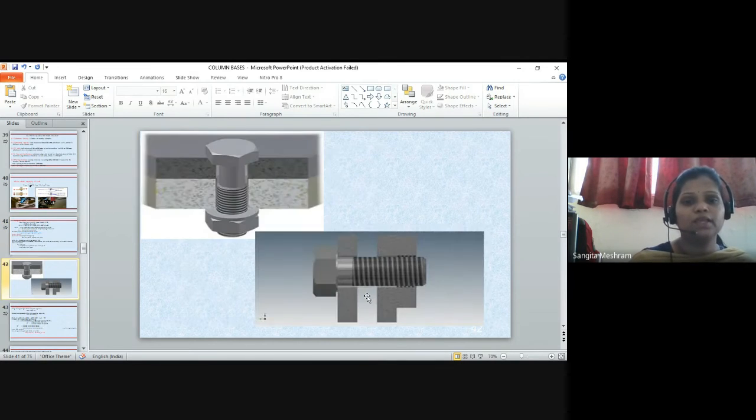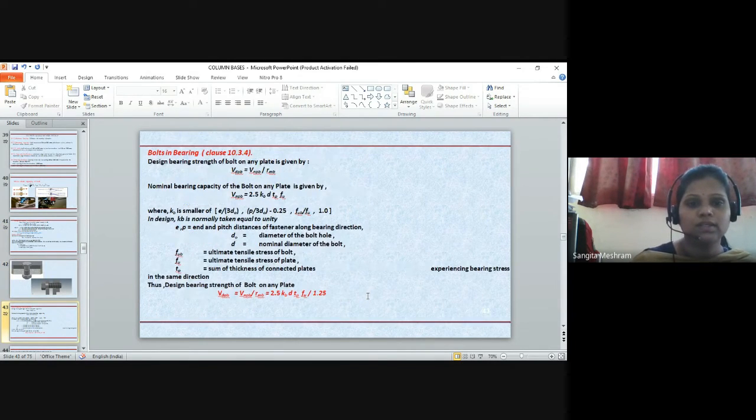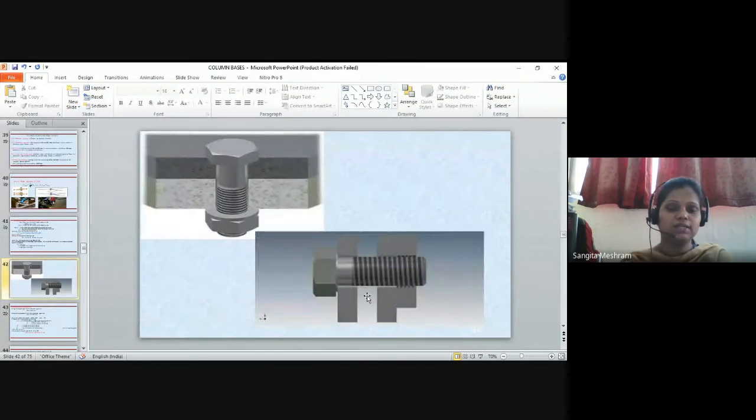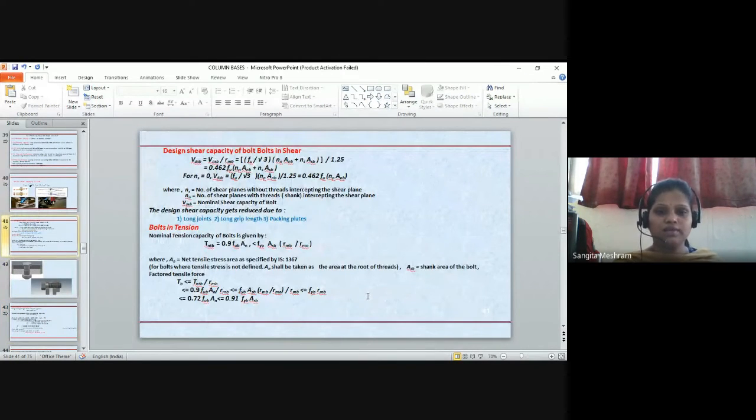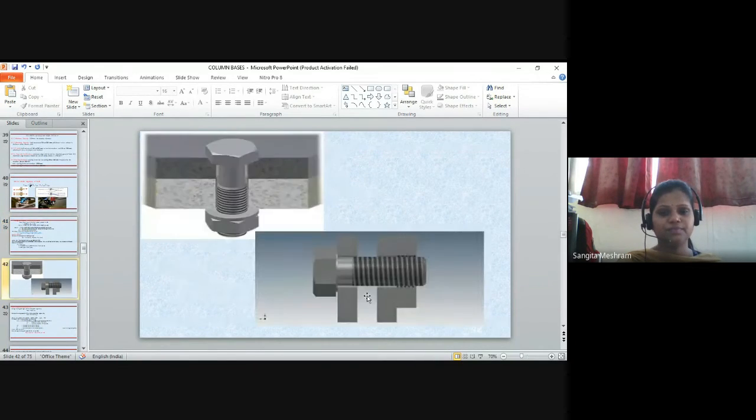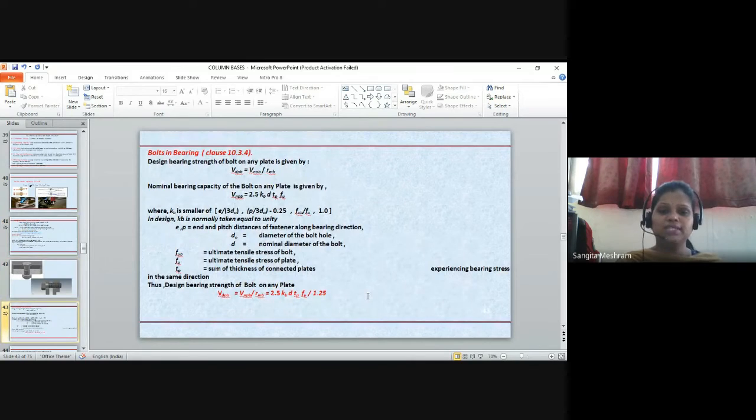Okay, then bearing capacity. See here, we can also find out the tension capacity of the plate or bolt with the help of this formula. The formula is given here. Then the basic important parameter, the bolts and bearing.